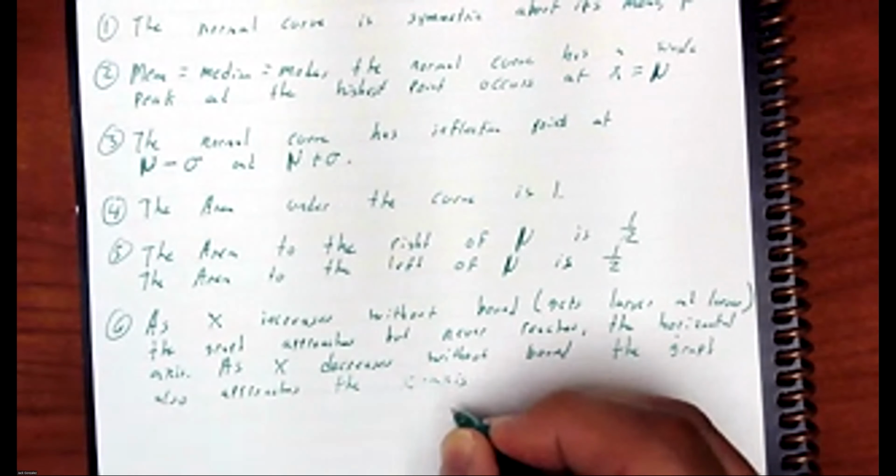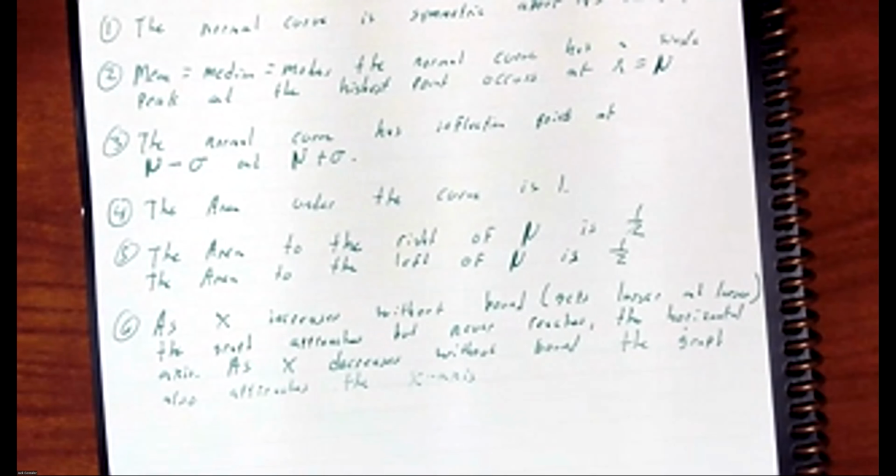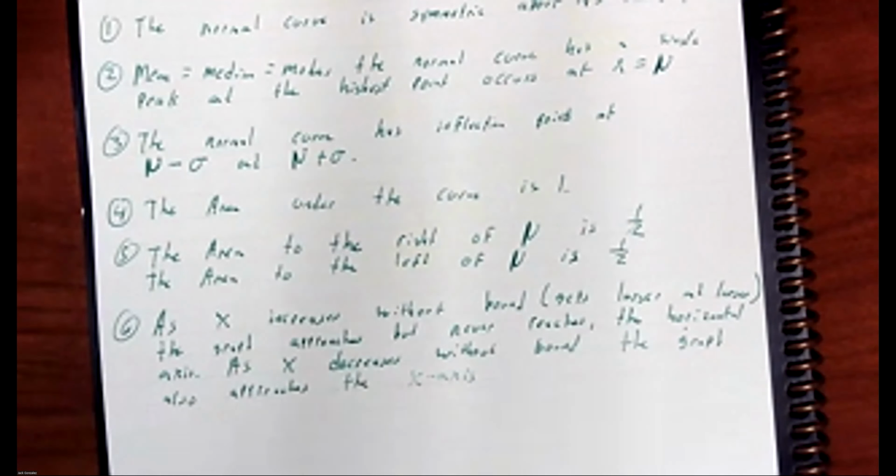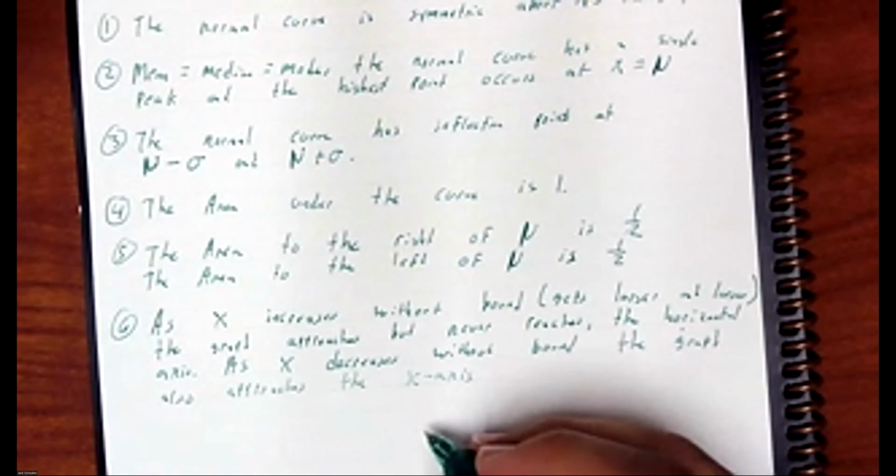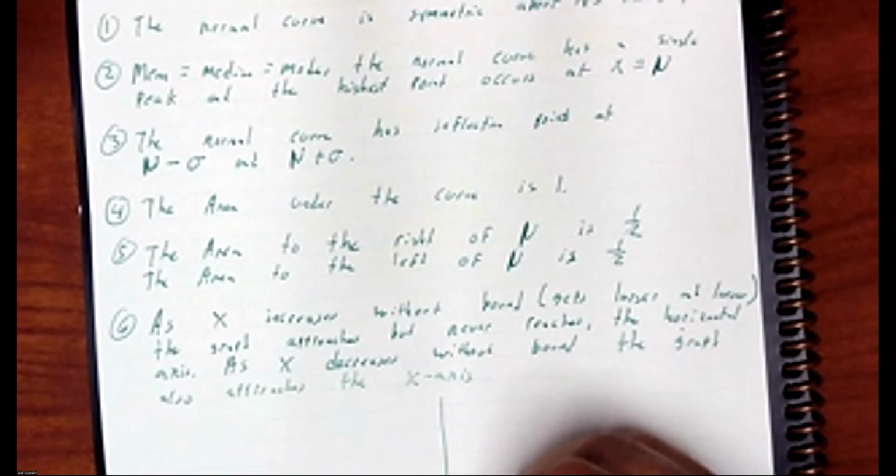Basically, what I was saying earlier, if it gets too positive, too negative, the curve comes down, approaching 0. So this is my attempt at drawing this bell curve.